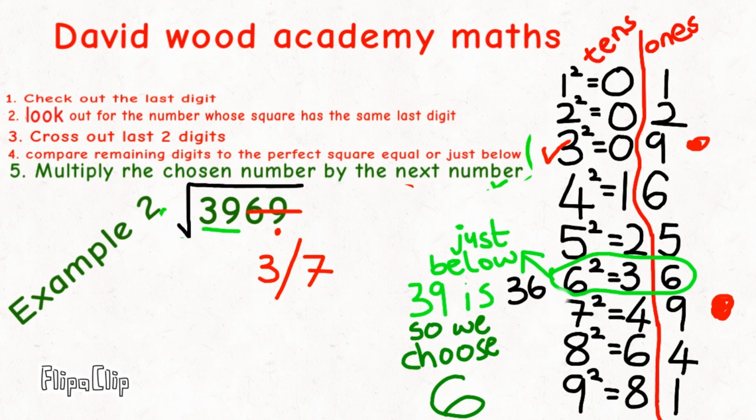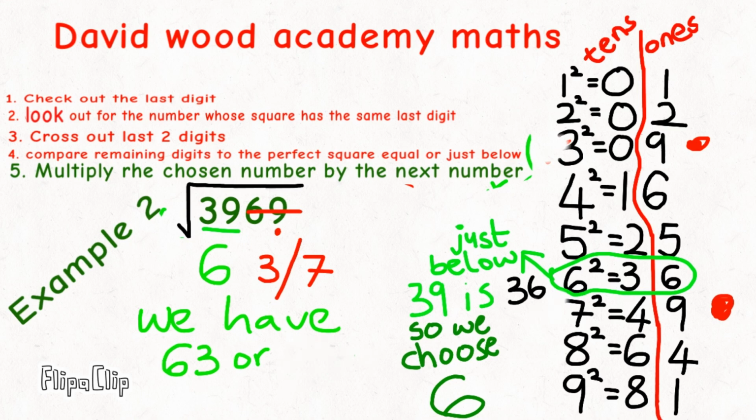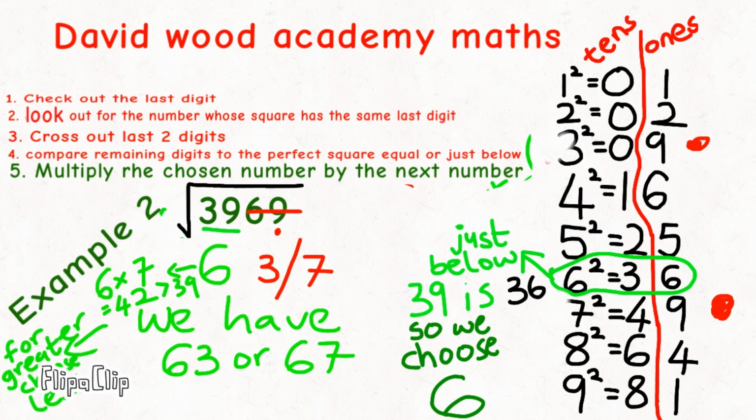As we can see, 6 squared is 36. 36 is just below 39, so we choose 6. Now, this tells us that our final answer is either 63 or 67. Now, to decide between 63 and 67, we multiply 6 by the number right after 6, which is 7. 6 times 7 is 42.